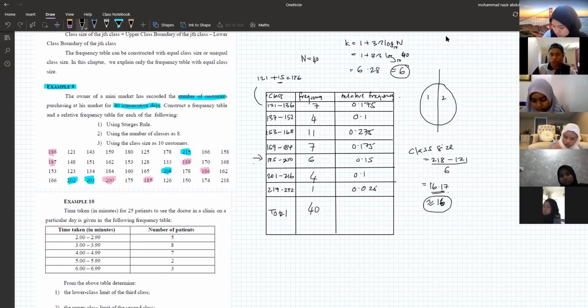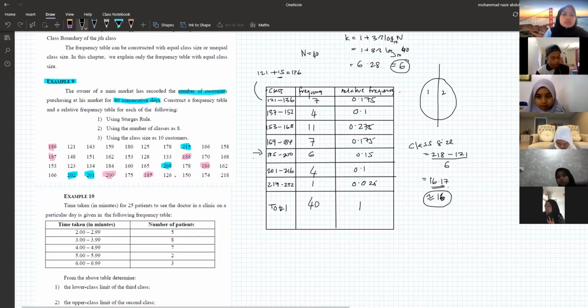And the total should be equal to 1. Right? The total should be equal to 1. So this is how you construct a frequency table for quantitative data. Right?